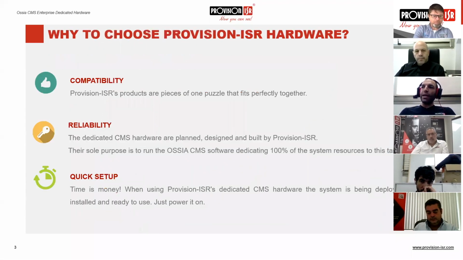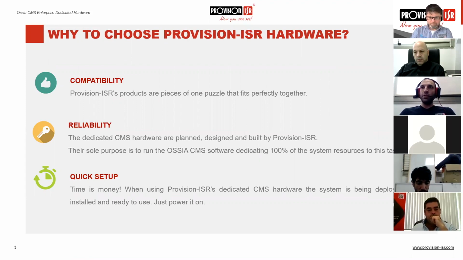So first of all, why did we make this hardware? Unlike the standard CMS or the former CMS that we had, why did we decide to make this Enterprise version embedded on our hardware? First of all, it's compatibility. We know it from our technical support, and you for sure know it. A lot of the times we have compatibility issues, and having our hardware together with the software embedded on it makes compatibility very easy, meaning everything will work together.